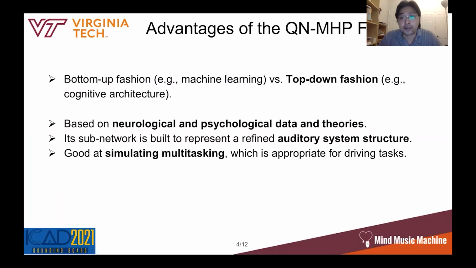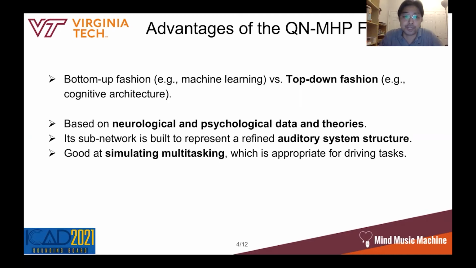So there are also more traditional top-down fashion in modeling, which is cognitive architecture framework. So QN-MHP is one of these traditional cognitive architecture frameworks, such as ACT-R, EPIC, and SOAR.